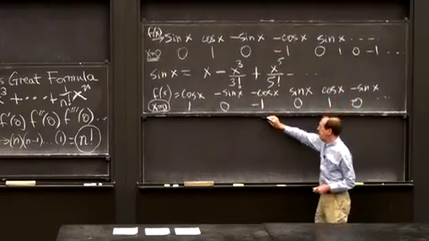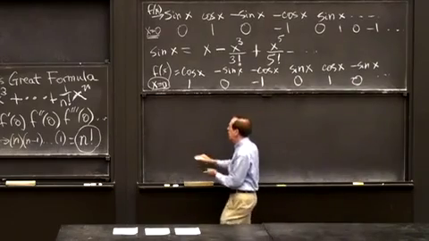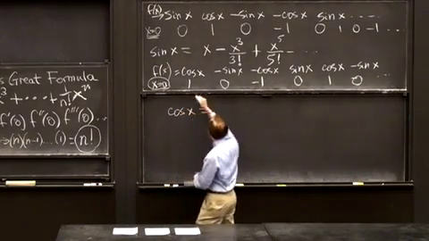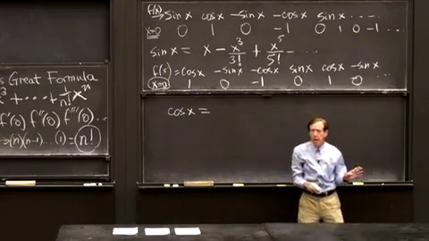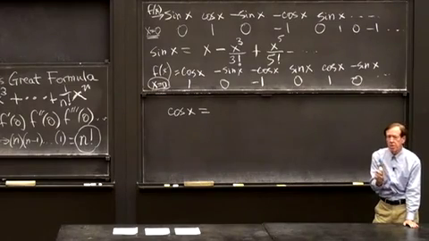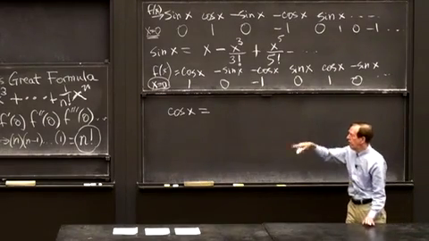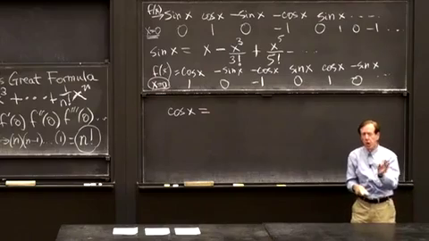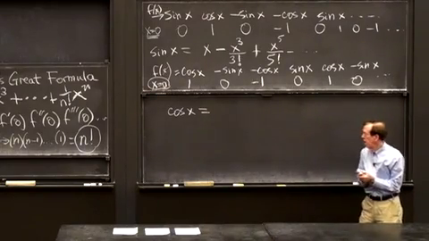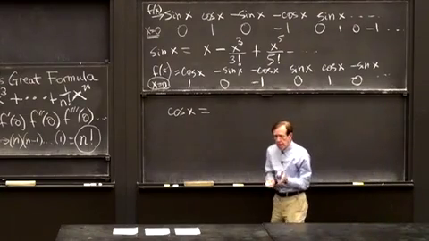Now I just have to create my series for cosine x, which matches these numbers. Just match those numbers with the coefficients that I originally called A0, A1, A2, A3, but now we have numbers, at x equals 0.